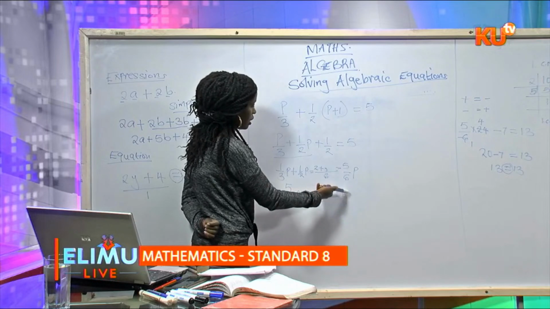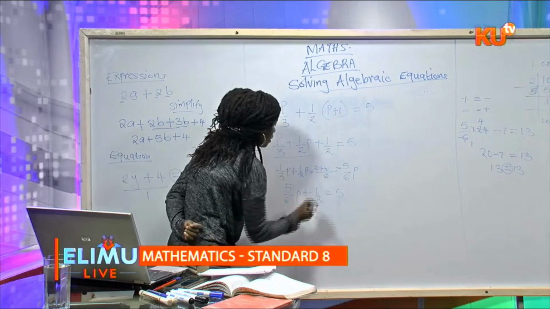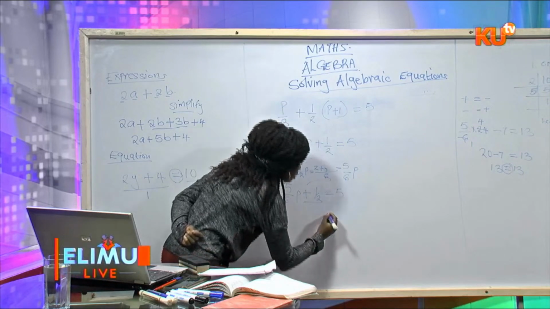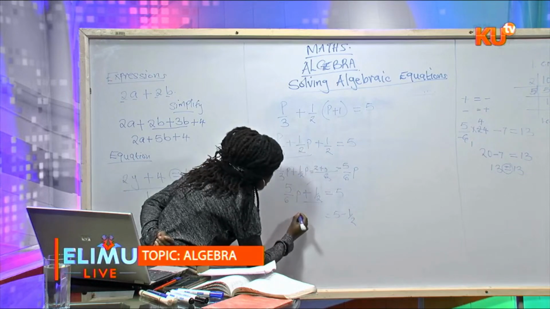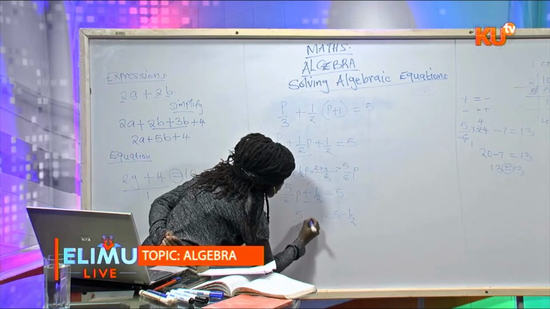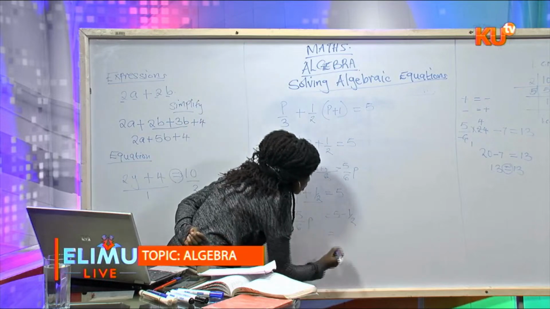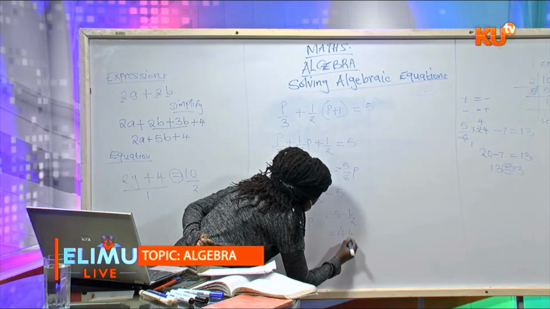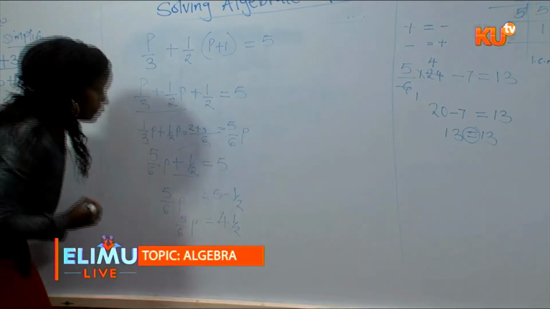I take it to the other side so that I can subtract it. This is plus a half. When it goes to the other side, it is going to be 5 minus a half. And this side I remain with 5 over 6P. So 5 minus a half, I'm going to get 4 and a half, equals 5 over 6P.